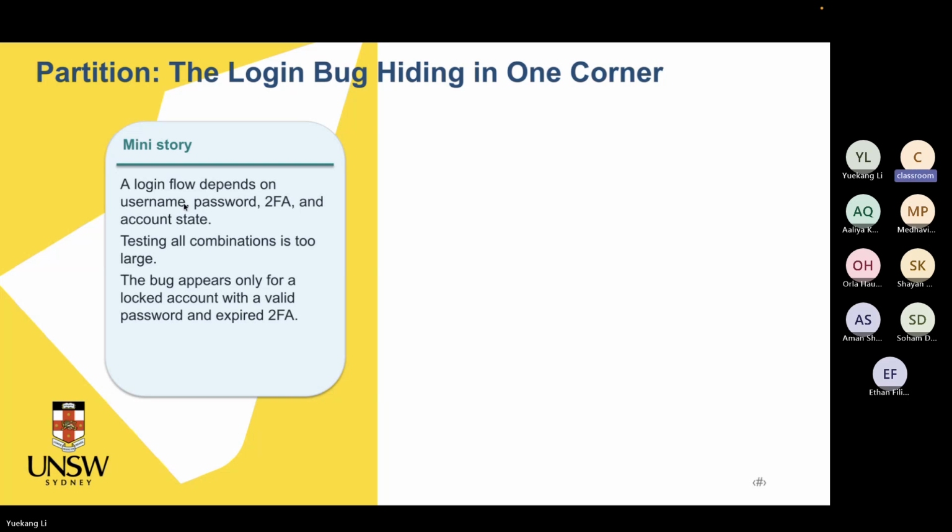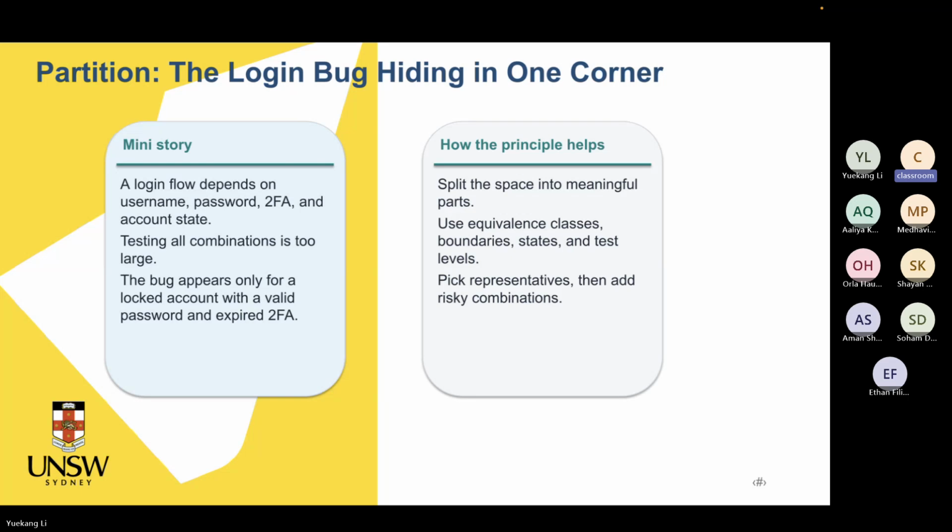So instead of trying to exhaustively try out all the combinations, what we can do is split the input space into meaningful parts. For example, there are actual techniques that can be used to split the input space, but we will be learning the details next week.